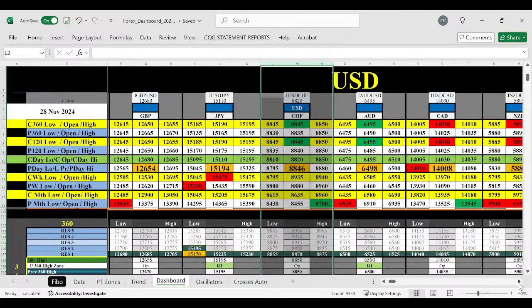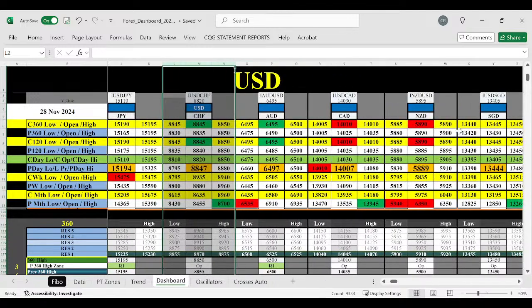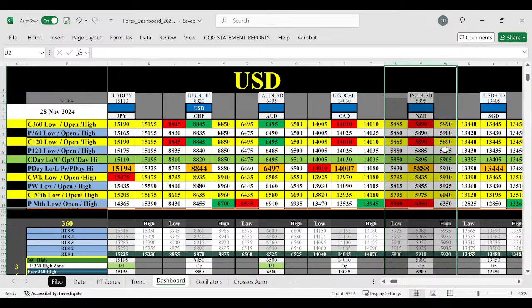Okay, hold on now. If you look into New Zealand dollar, where is the New Zealand dollar?